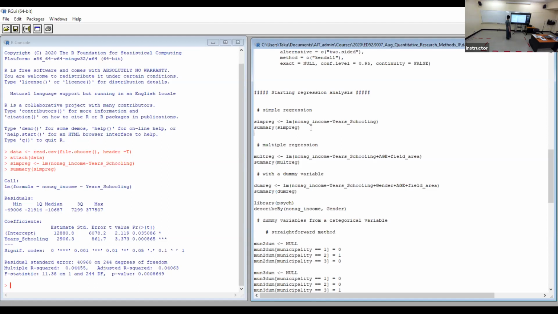Next to the variable name, you have this number in the column estimate. This estimate means coefficient, the estimated coefficient. Sometimes we simply say it's an estimate. So the coefficient of the years of schooling variable is how much?